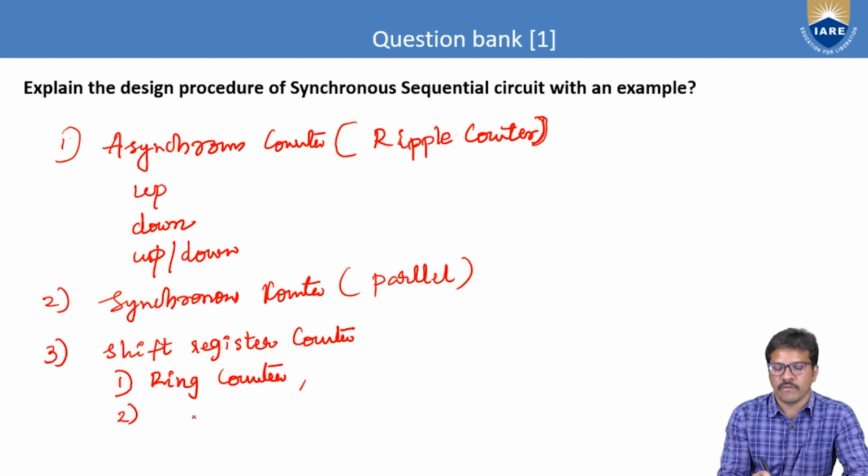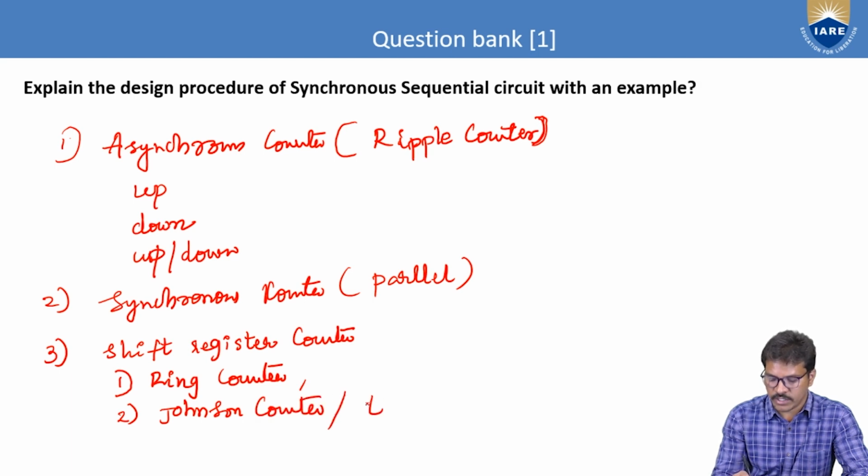The second type of counter is called a Johnson counter, also called a twisted ring counter.